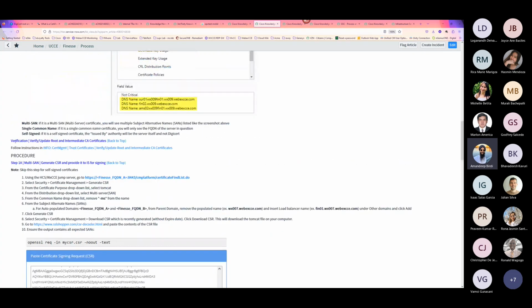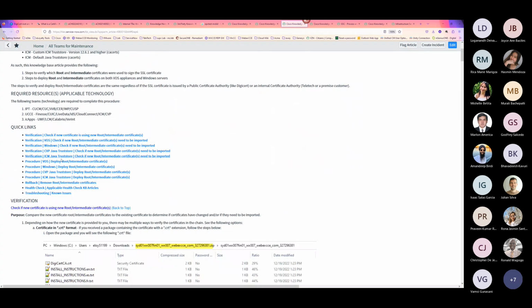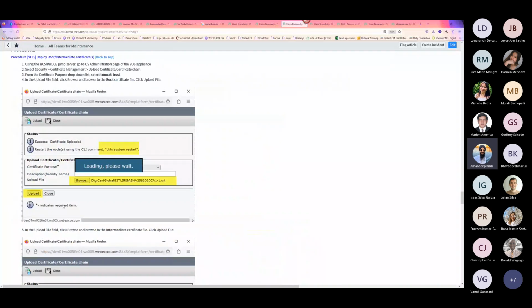I added that step here. So when you verify if the root or intermediate are missing, this KB will give you the steps. So you kind of have to combine the steps from the two KBs based on your analysis. You have to say, okay, this server is missing the new root and intermediate, so I'm going to come in here and take the steps defined here, right?